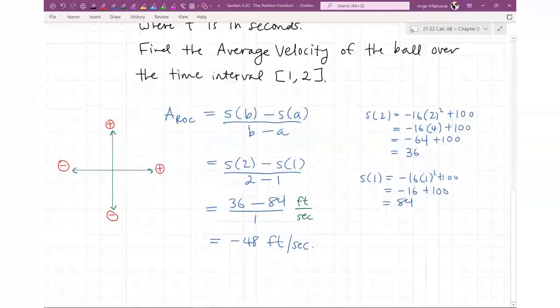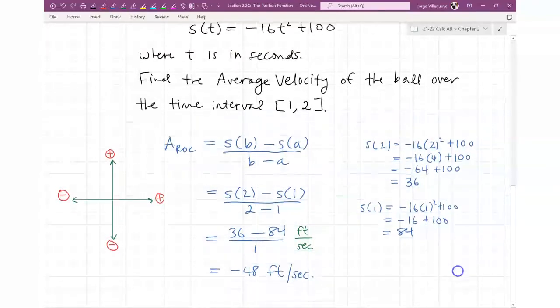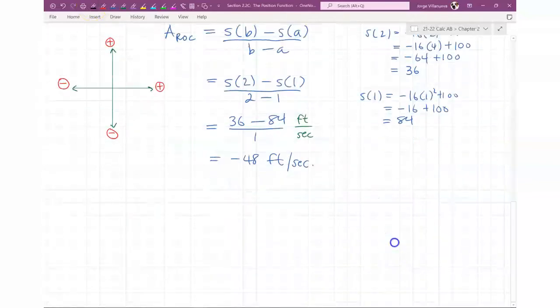So, I mean, this isn't that hard to do, right? Average rate of change. I mean, just plug in the beginning and end values and figure out what the average is. Now, you guys have done average rate of change for years, honestly. I think the first time you may have seen this is maybe freshman year, maybe before that, okay? But we used to call it slope. So, there you go. Now, position function. Let's talk about that.